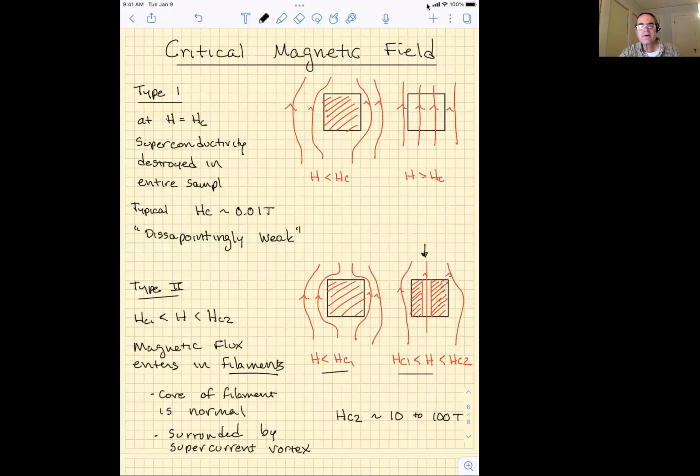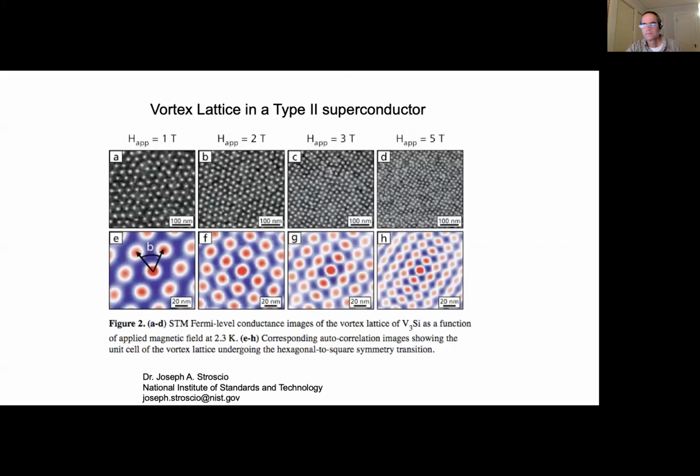I want to show you a little bit of data about this as well. It's possible to image these vortices where magnetic flux penetrates through a type 2 superconductor, in experiments that can measure magnetic fields.